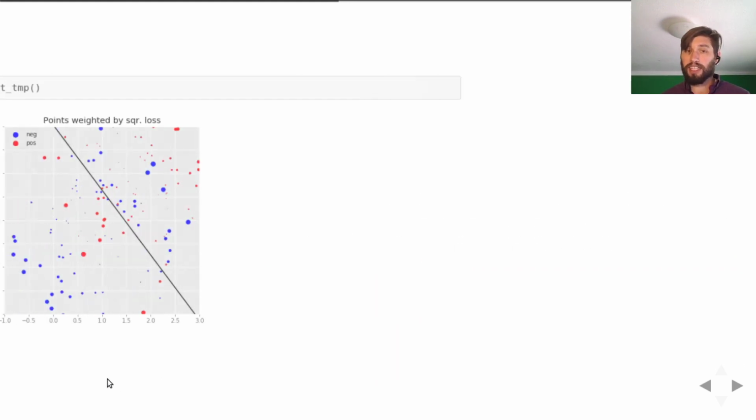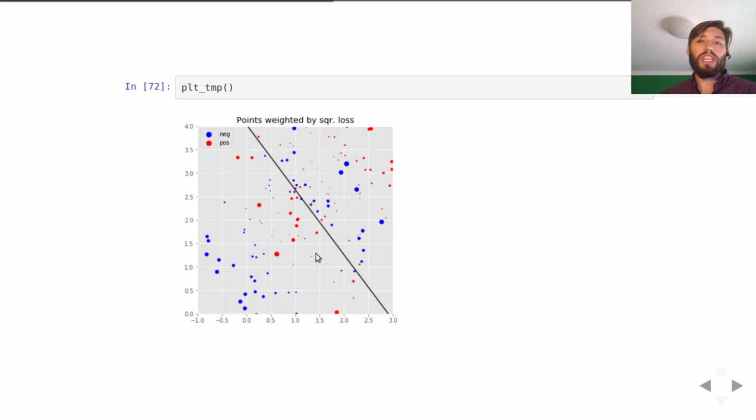So let's look back at that picture. These blue points over here are correctly classified. These blue points over here are incorrectly classified. Right? And this line right here is the points at which beta transpose xi is equal to yi. Right?